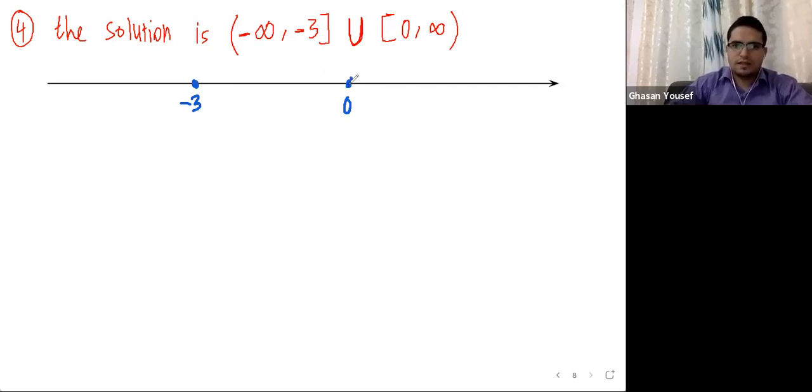So look, at 0 is a closed circle, but before it was open. Closed circle because the answer is including, and all numbers like this, and also here all numbers like this. This is the solution in the blue color. And the -3 and the 0 are included.